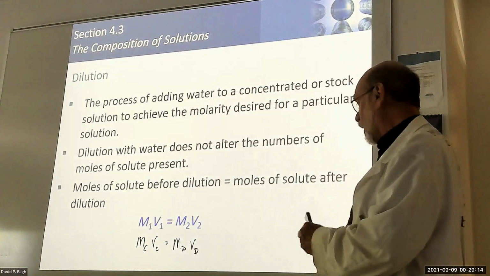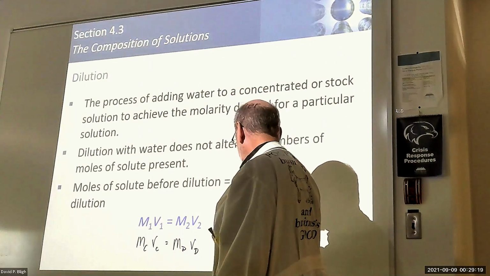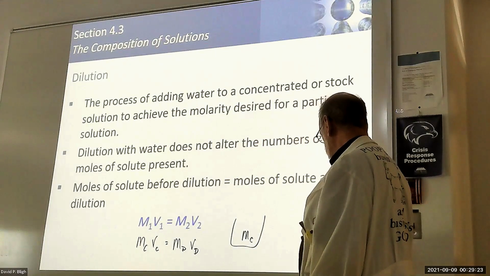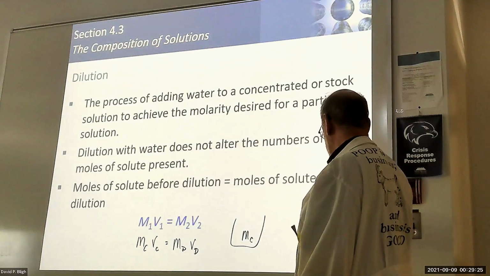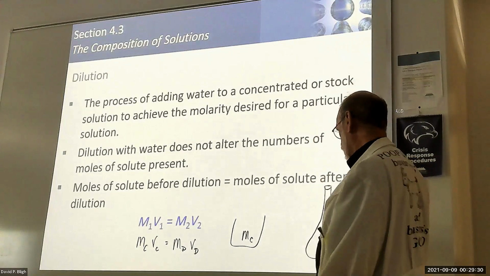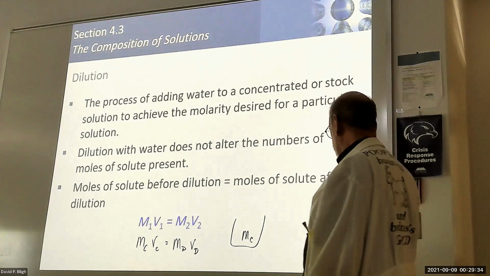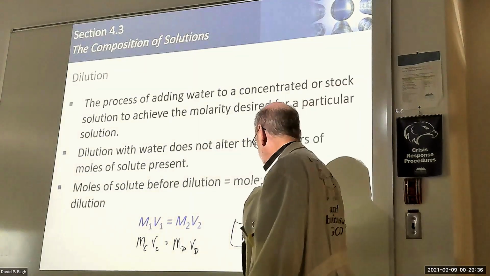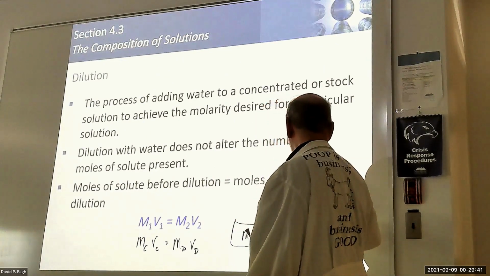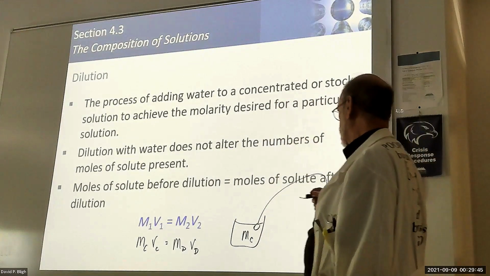Now, why does that work? If you say this is the concentrated solution, and you want, we're going to use a volumetric flask here, whatever volume it happens to be, volume diluted. When we take a portion of this one out and we put it over here in this one, right?